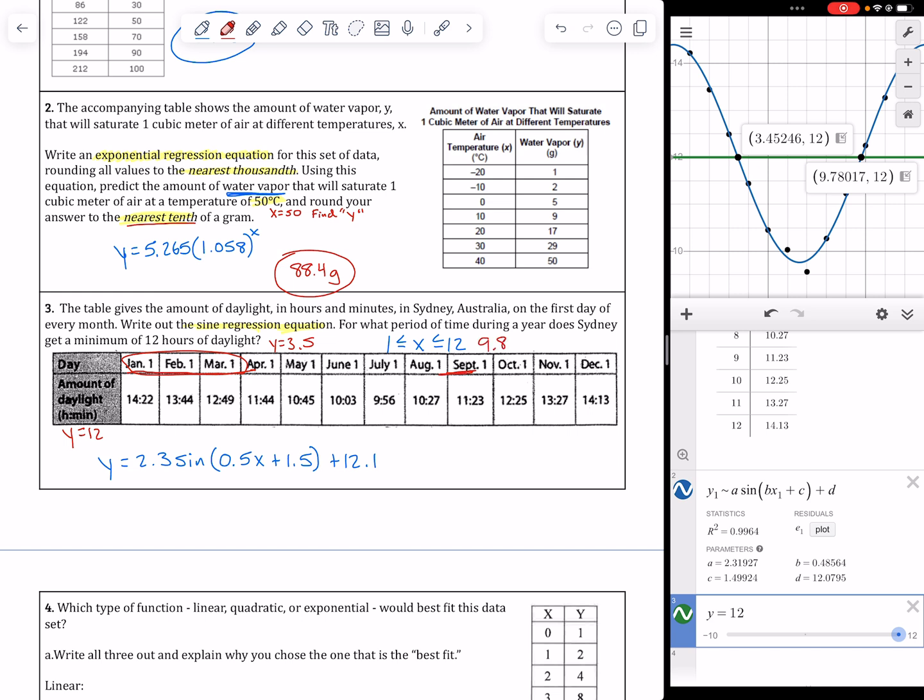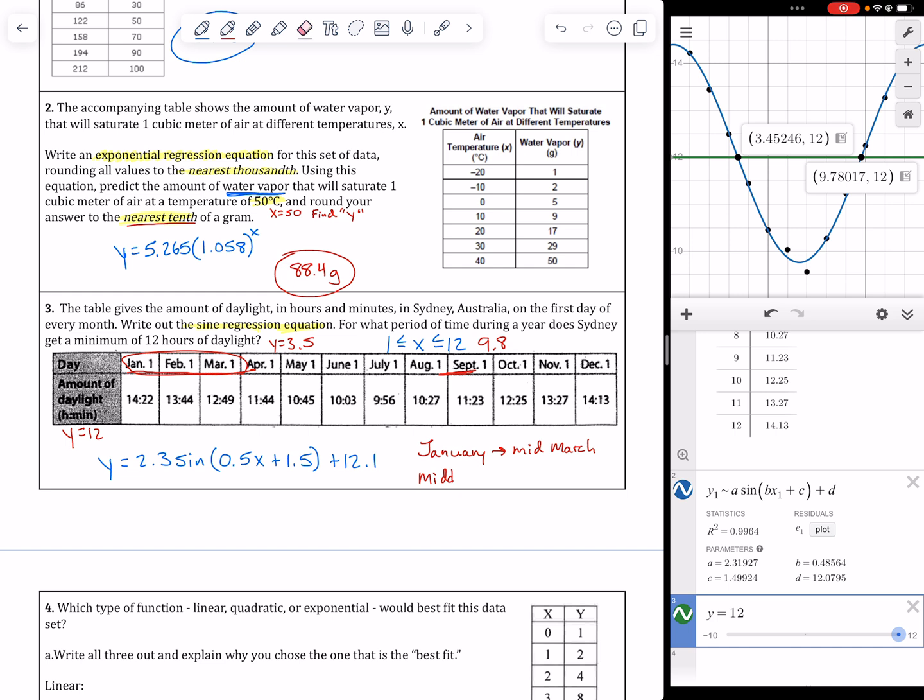So I would say, for what period of time? So from January, yeah, let's say January through mid-March, it has a minimum of 12 hours of daylight. And then from the middle of September, it looks like 9.8.